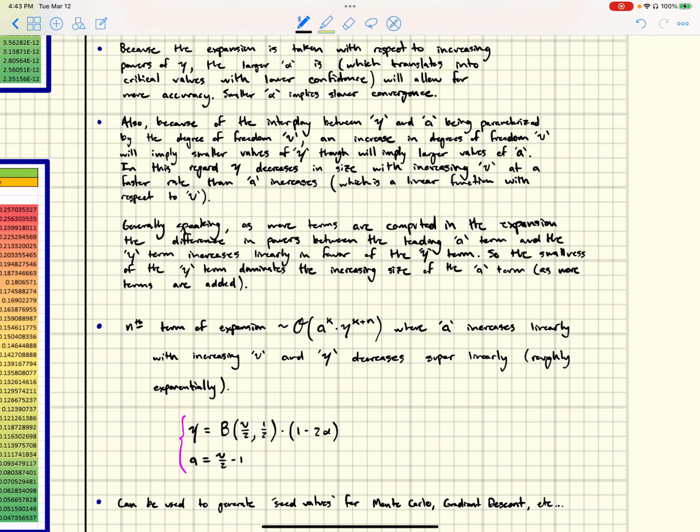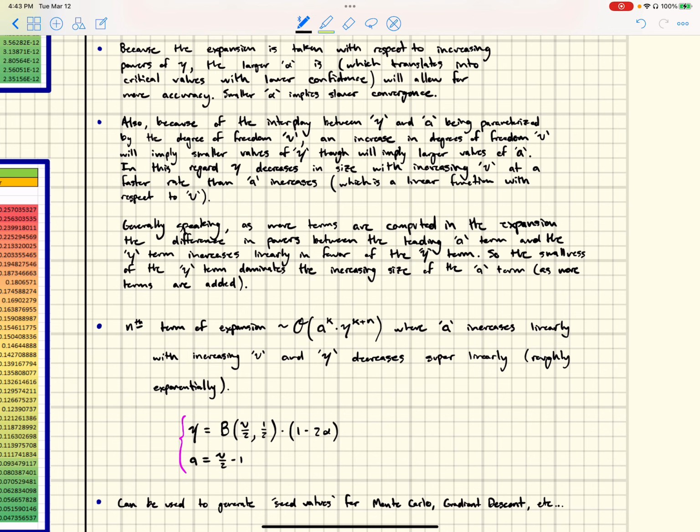You can show roughly that the nth term of the expansion is going to be on the order of A to some power times gamma to that same power plus n, where our A term is increasing linearly with increasing degrees of freedom V, but gamma is decreasing superlinearly.